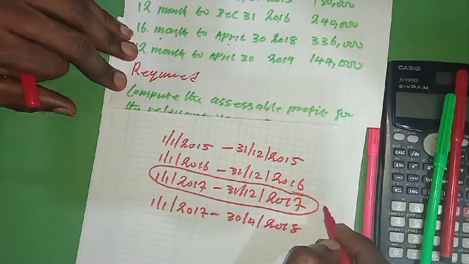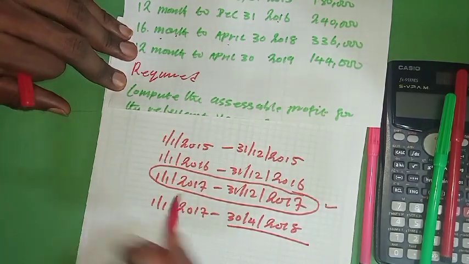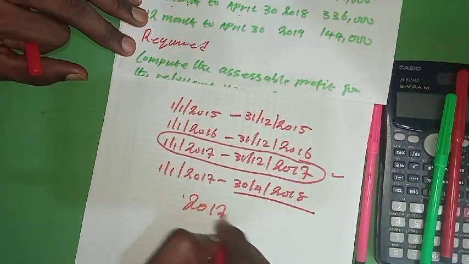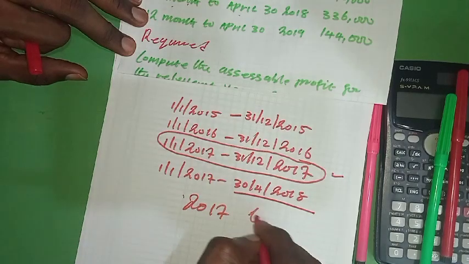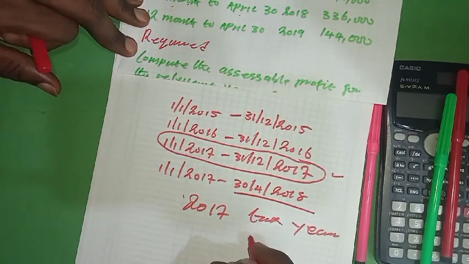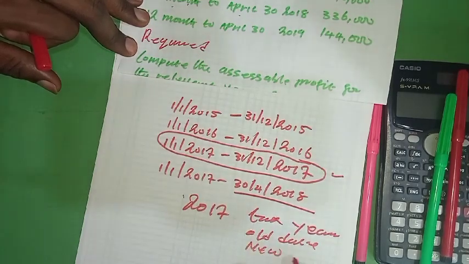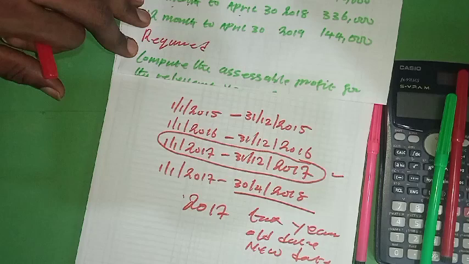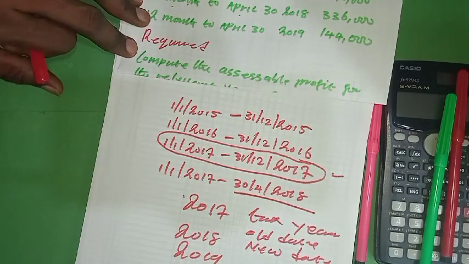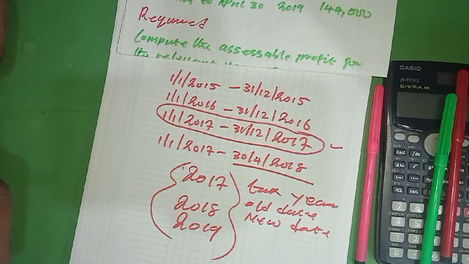Instead of preparing the account to this, they stubbornly prepare to this. So 2017 becomes the year of change, which automatically becomes your tax year, which you are going to use to compute your old date and your new date. And the two subsequent years will now be 2018 and 2019. These are the relevant years that they ask us to prepare.